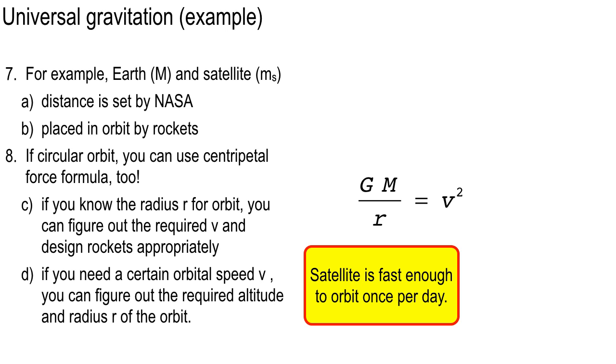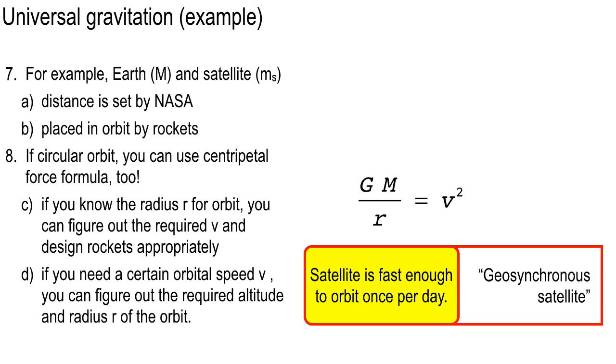So in other words, you got some satellite up there, and the Earth spins once per day, once every 24 hours, and that thing's circling the Earth once every day. So basically, the Earth is spinning at the same rate that the satellite is going around, and as a result, it never seems to move. You look at it here from Orlando, and it seems to be stationary. And that is called a geosynchronous satellite.